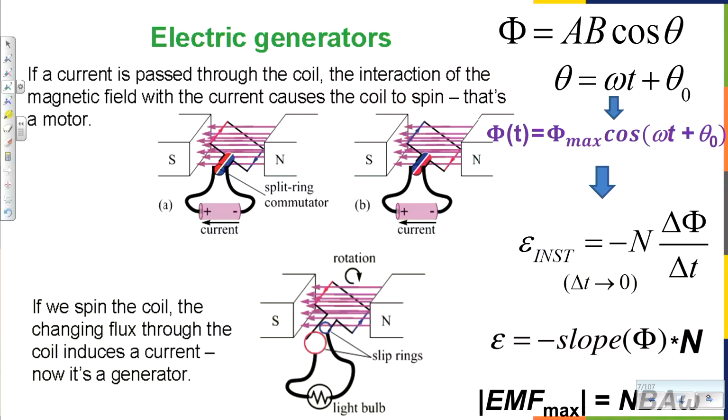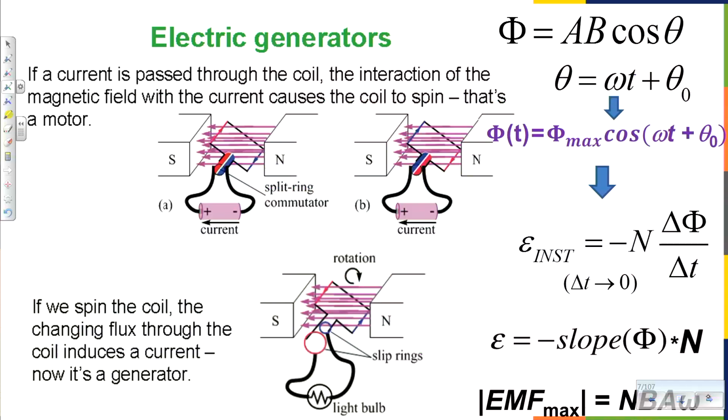And of course, they all have at least two exactly the same elements, a source of magnetic field and a spinning coil. When we start spinning a coil, we induce EMF, which can be consumed, again, to demonstrate that this is really a completely symmetrical situation.